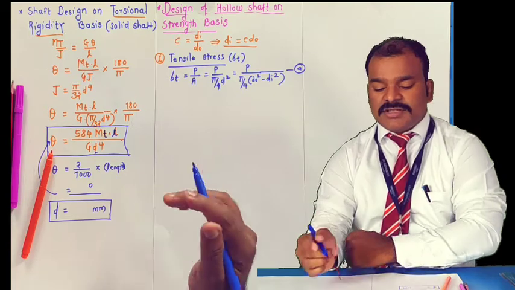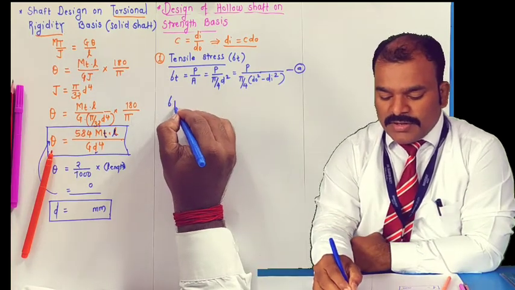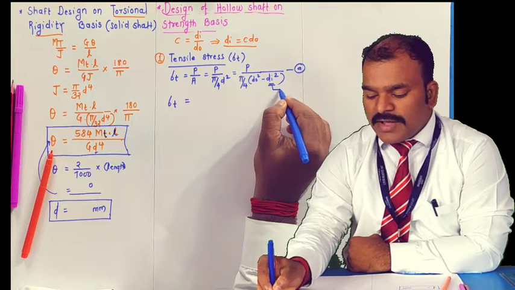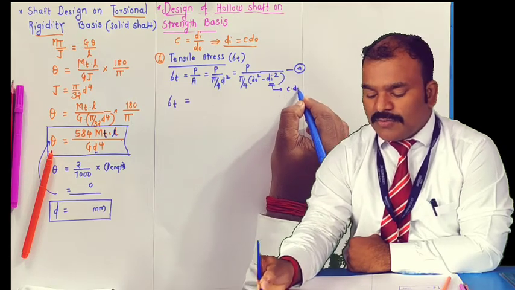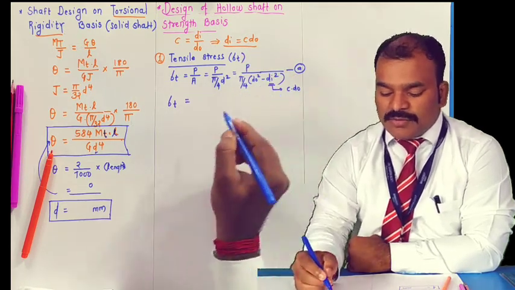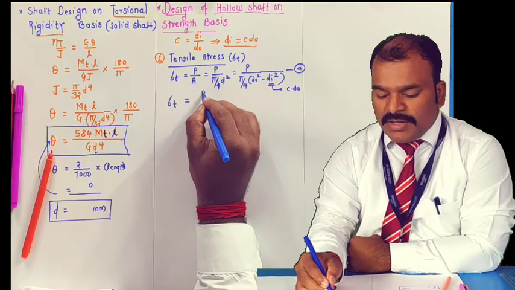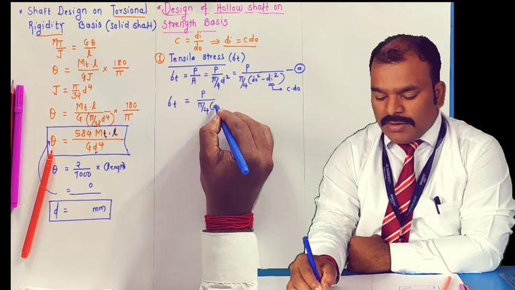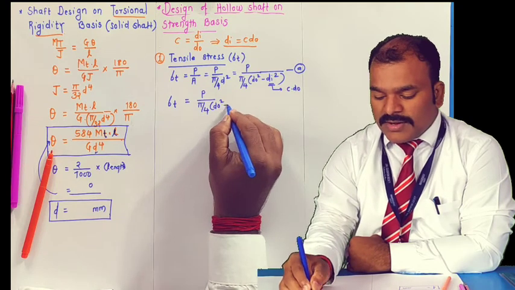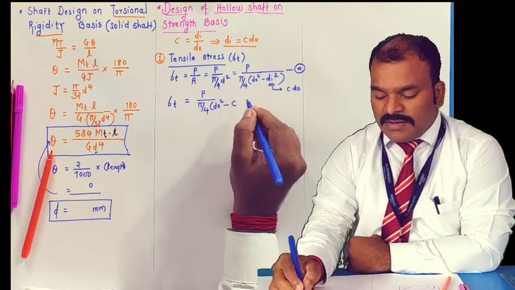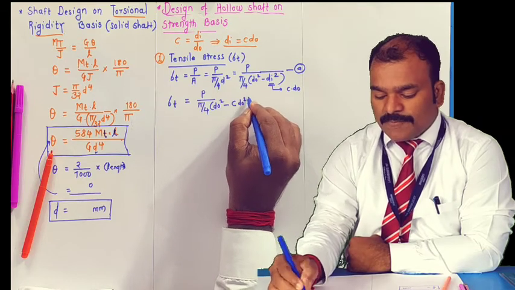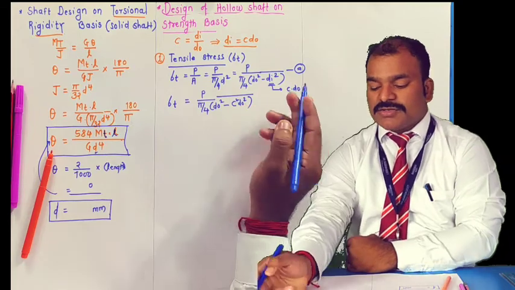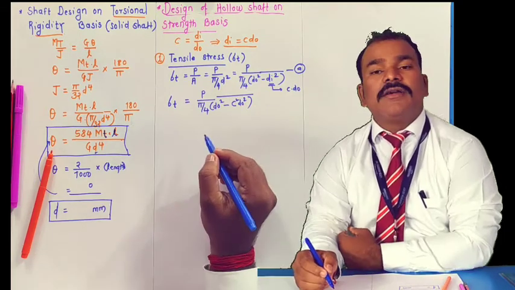So this will be your first equation for the tensile stress. Here I can change things: di is C into do, which we have written over here, so I put in the value. I get P by pi by 4 into do square minus C square do square, because it is C into do.